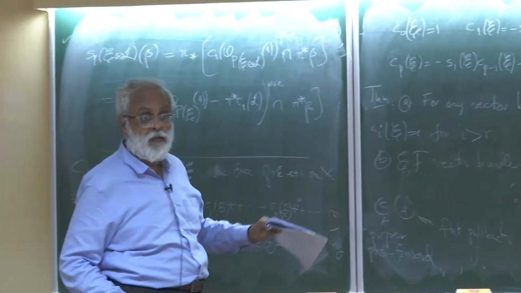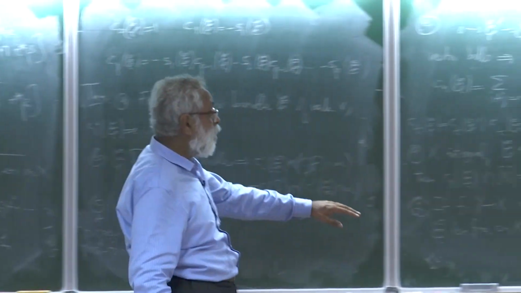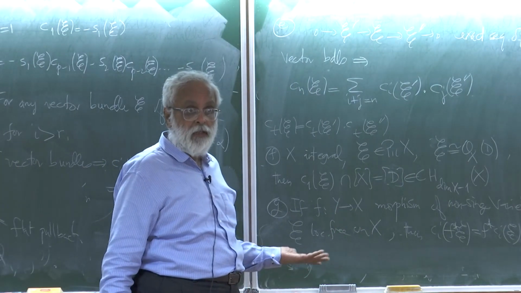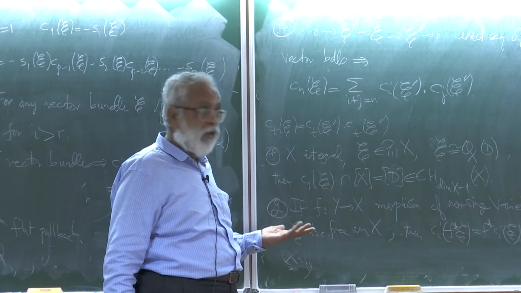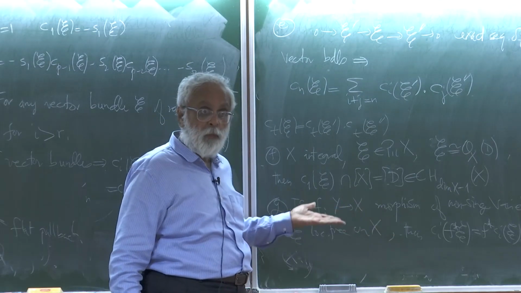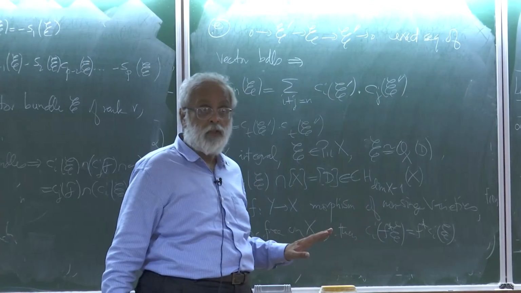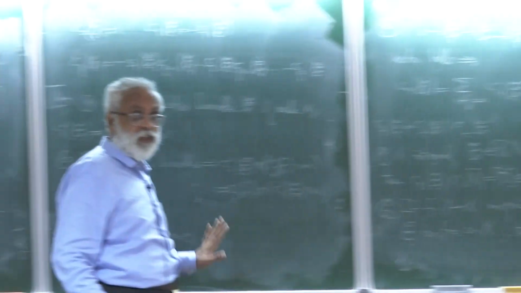This is not something obvious. I'm just saying if X and Y are both non-singular, there is already a theory of Chow rings which has been constructed. It's contravariant for maps. Its vector bundle also can be pulled back. And the Chern class of the pullback vector bundle is the pullback of the Chern class. This is another property. I'm just asserting it's correct.